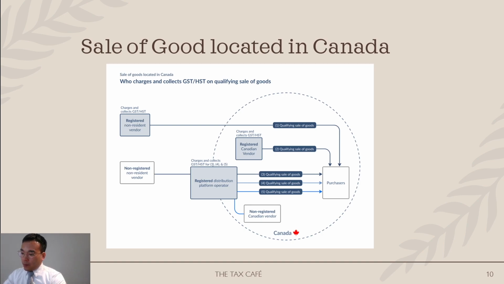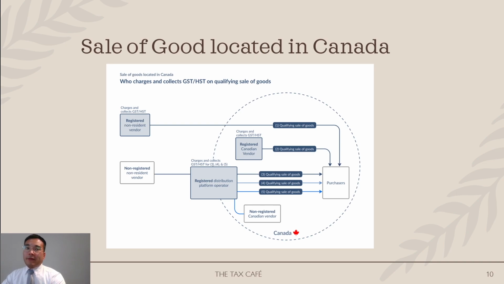This slide is stating that the new rules now indicate that GST will now have to be registered by the DPOs. So let's say on Amazon, goods located in fulfillment centers within Canada are sold by a third-party vendor who is not registered for GST, HST to Canadian consumers.